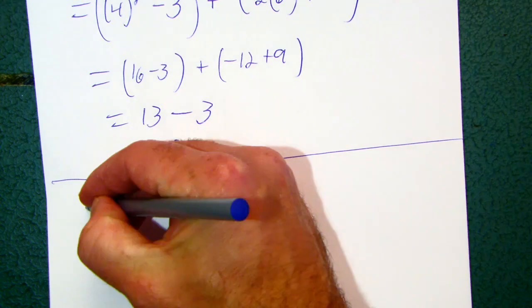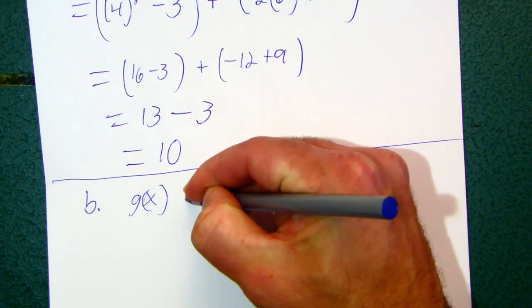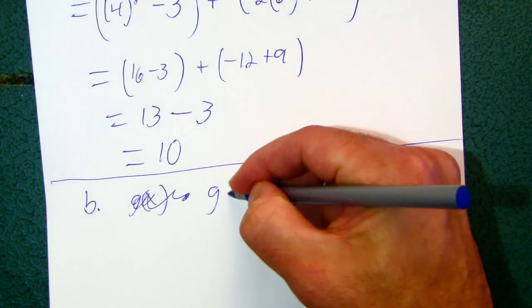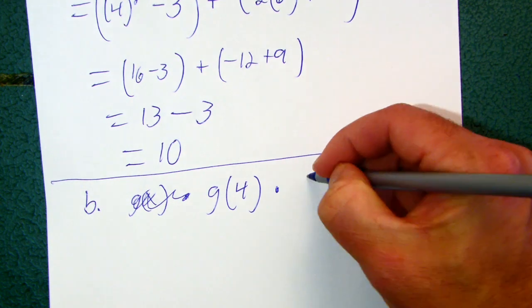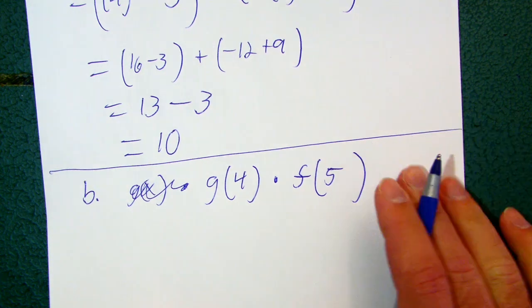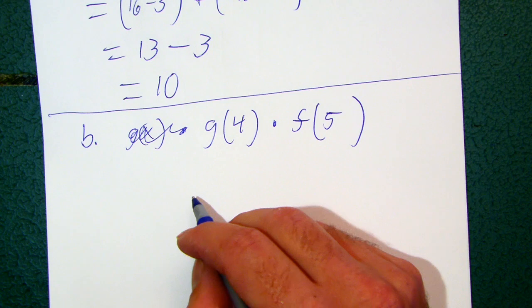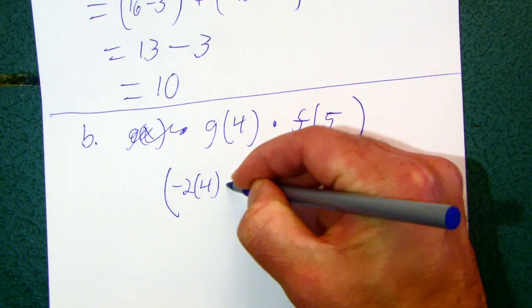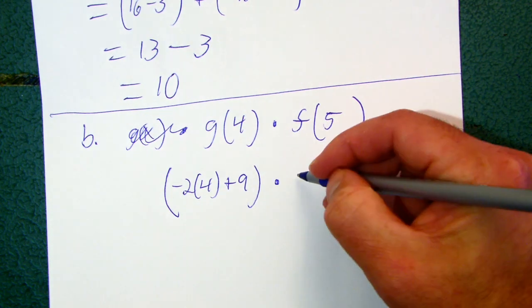For the second one, let's do g of 4 times f of 5. So g of 4 is going to be negative 2 times 4 plus 9 times f of 5.